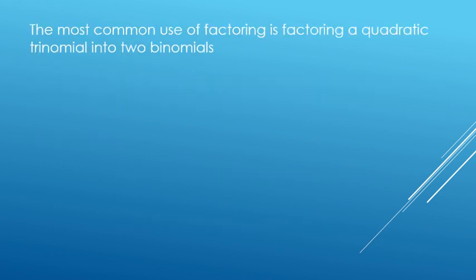The most common use of factoring that we typically use overall, and we will be using in this course, is factoring a quadratic expression, which is a trinomial, has three terms, into the product of two binomials, two things with two terms. And what we're doing is we're taking something of the form ax squared plus or minus bx plus or minus some constant c.